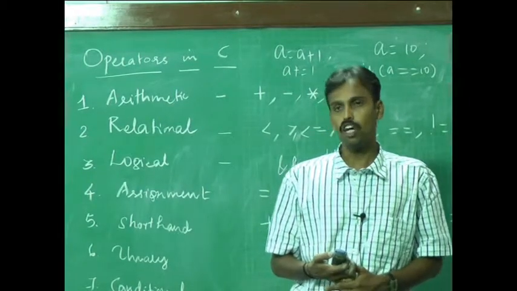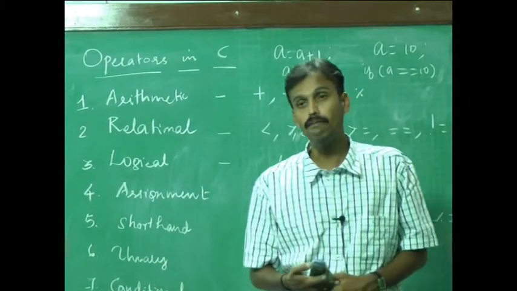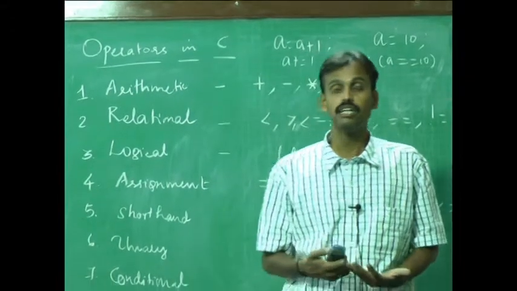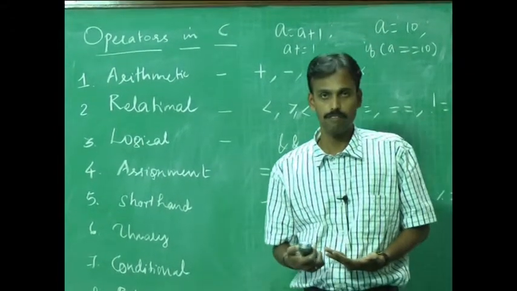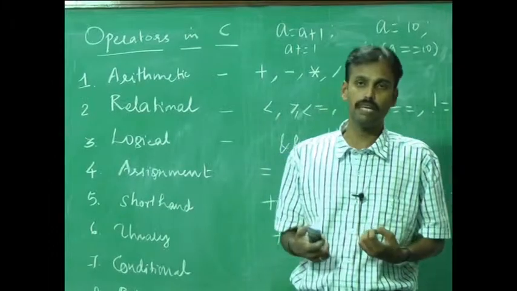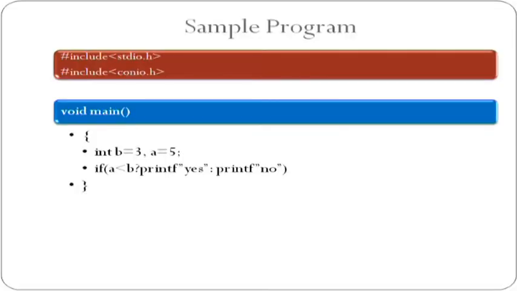Let us have a sample C program which makes use of these conditional operators. Say I have a normal procedure which is used to have my files included, then I have my main function within which I declare 2 variables of type integer, out of which b is assigned a value 3 and a is assigned a value 5. I go out and print some statement like a is less than b question mark, which means that I am going to test a against b.